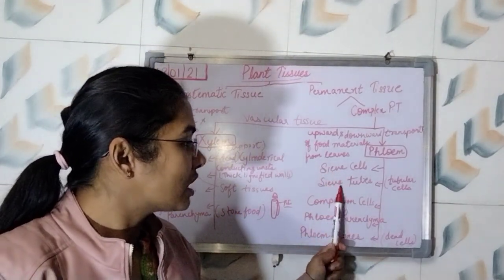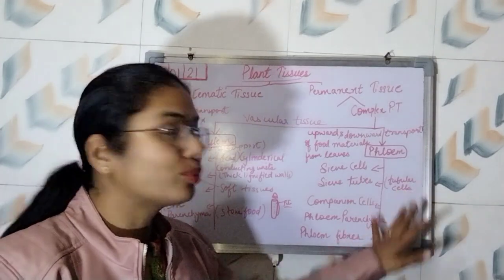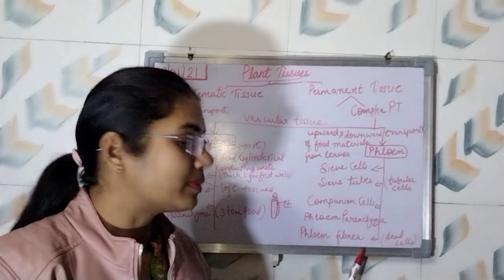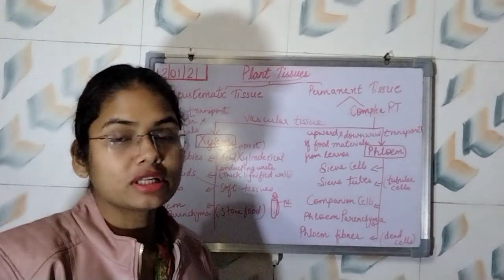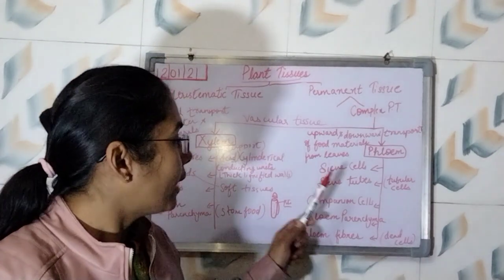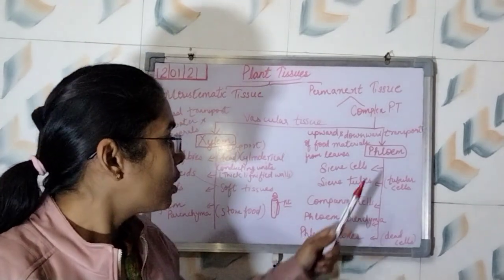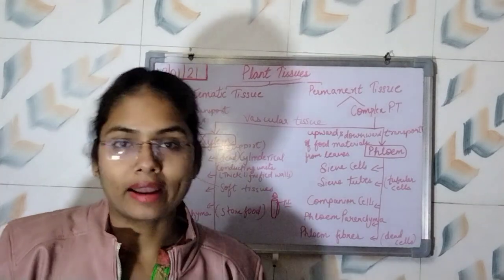So these sieve tubes are made up of tubular cells. Except phloem fibers, which are made up of dead cells, all these are made up of living cells. So this is all about the phloem, right?